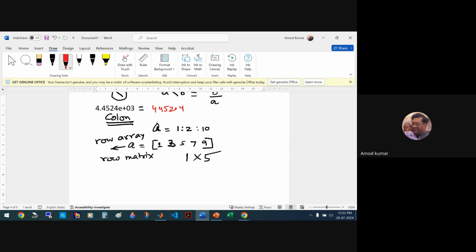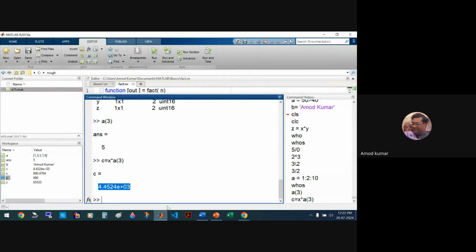This is the same thing. So it did not show this because MATLAB prefers to show the results in floating point form. That means the mantissa and exponent form. It gives output like this only. So I told you that any element of a matrix can be accessed like this. All the operations can be done with these numbers. Okay. So that's the thing.